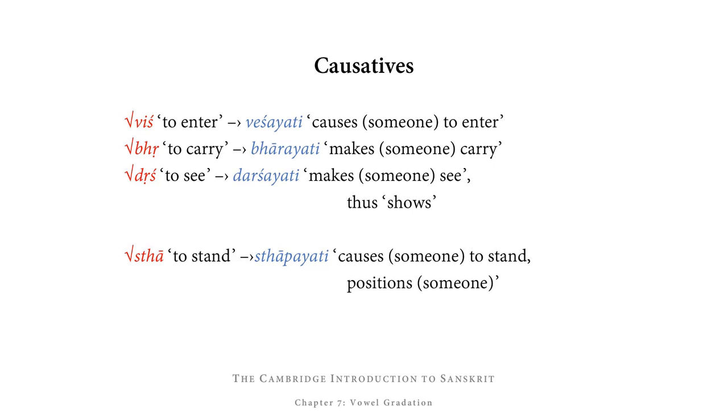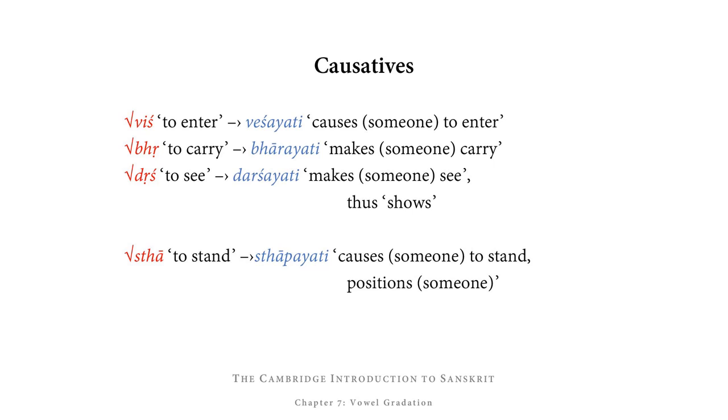A root bhri, to carry, has a causative bharayati, he makes someone carry, he causes someone to carry. The root drish, to see, which has a normal present tense form pashyati, has a causative darshayati, which means he makes someone see something, therefore he shows someone something.